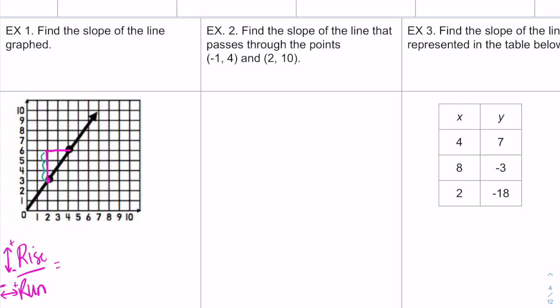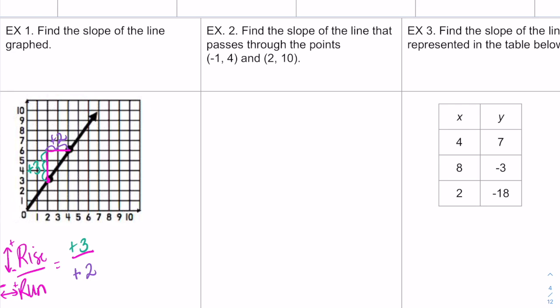So 1, 2, 3. So I went up 3, so that would be a positive 3. So my rise is a positive 3. And then for my run, at this point, I would have to turn and go 2 units to the right. So because we went to the right, it would be a positive, and we went 2 units. So my run is a positive 2.